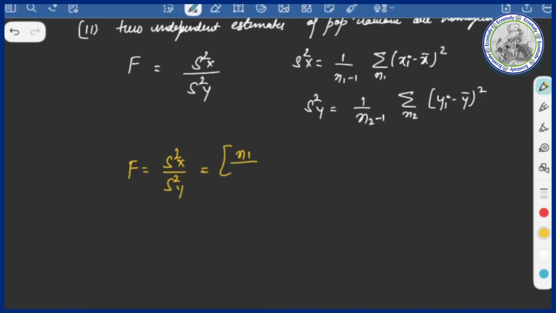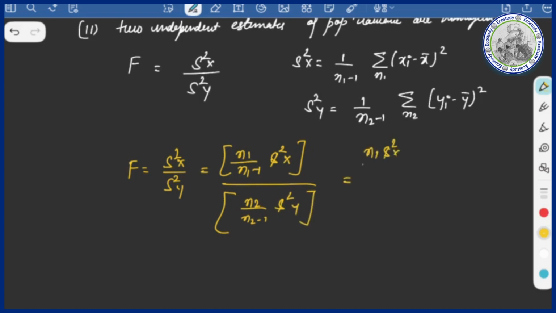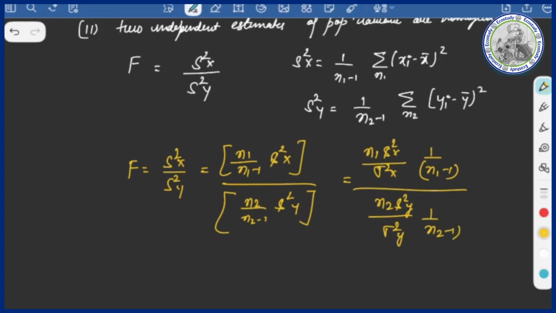Just like in T distribution we have used, that is n1 S square x upon sigma square x into 1 upon n1 minus 1, divided by n2 S square y upon sigma square y into 1 upon n2 minus 1. You can use this directly. We will see one or two questions so that it will be easy.